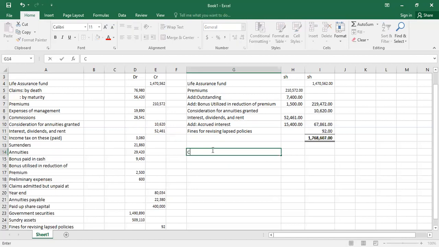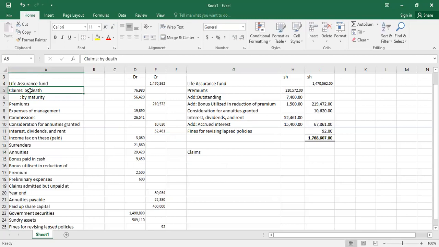We go to the other side. So you start with the claims. And I have the claims by death. And just copy paste this. And the claims by death are 76,980.